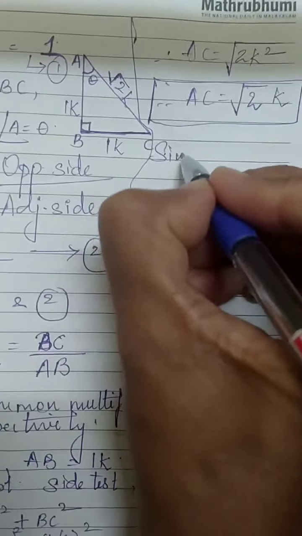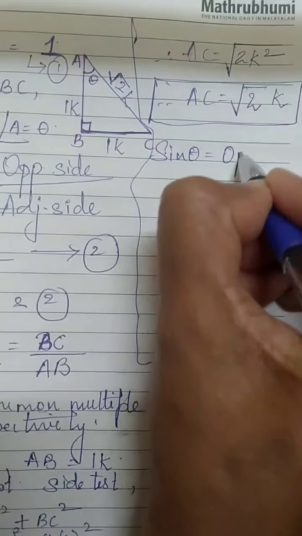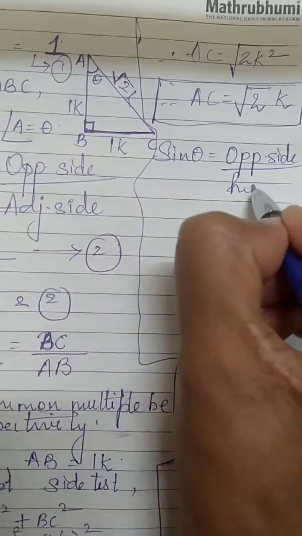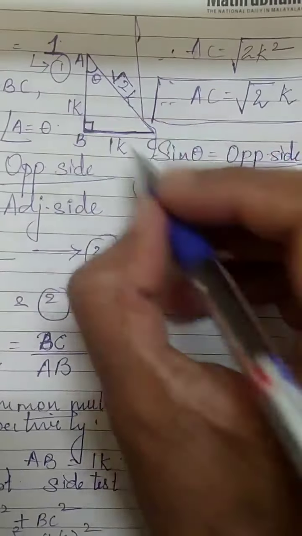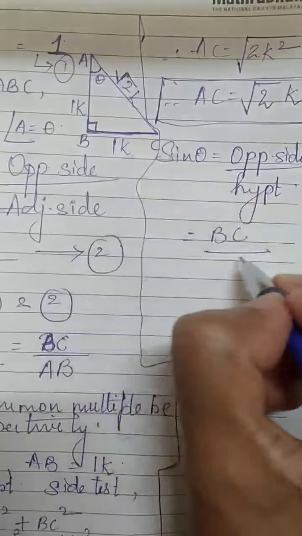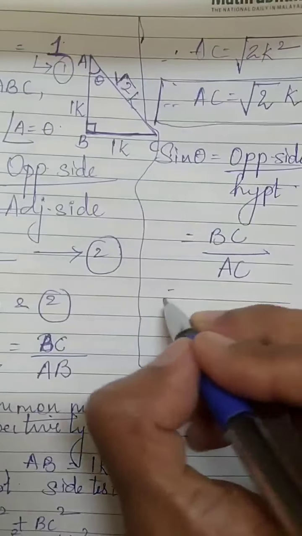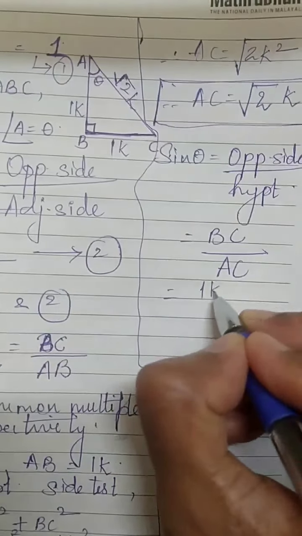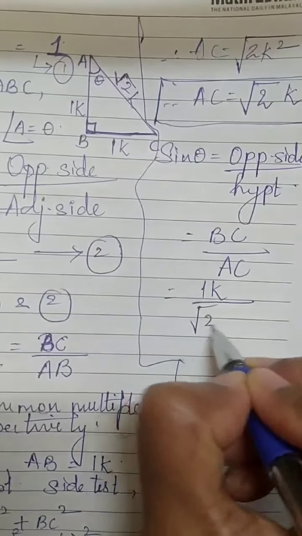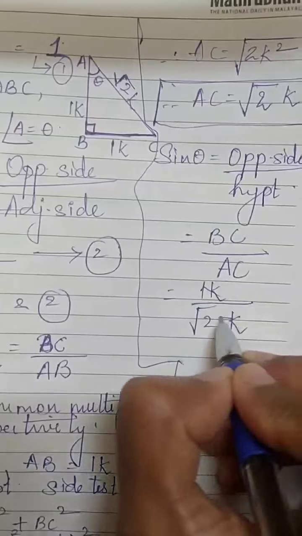Sin theta is equal to opposite side upon hypotenuse. For this theta, opposite side is BC upon hypotenuse is AC, which is equal to BC is 1k from the figure and AC we got root 2k. K cancel.